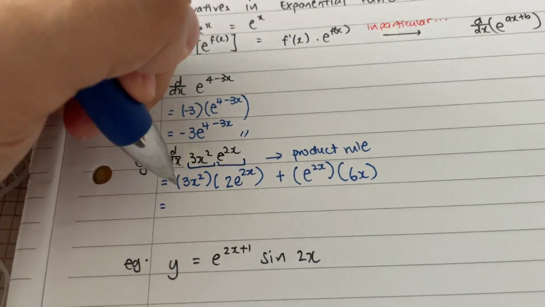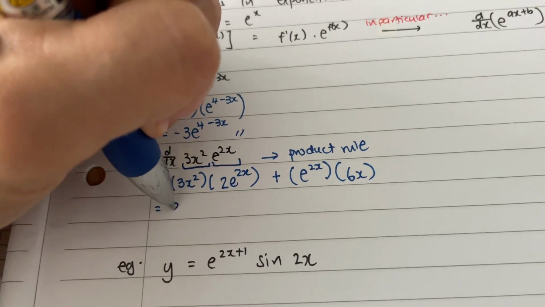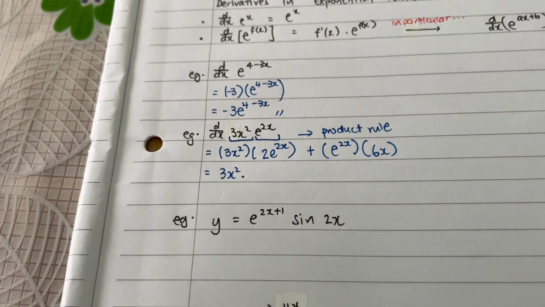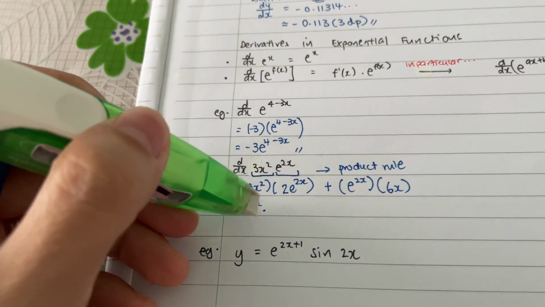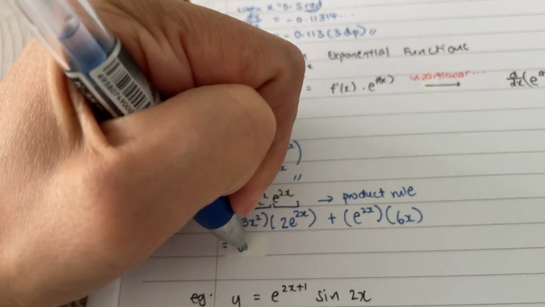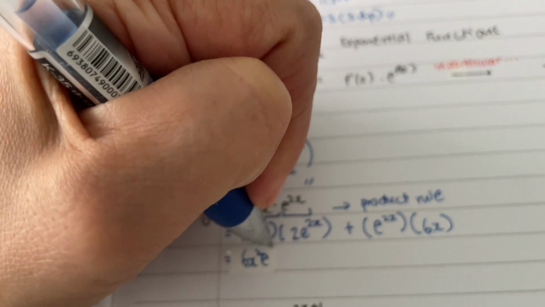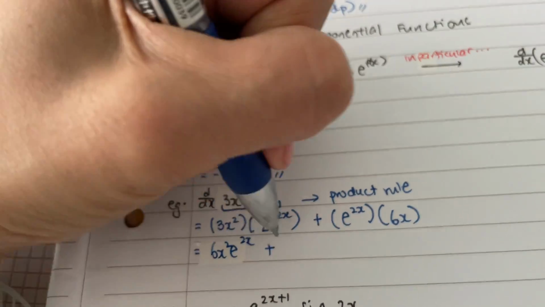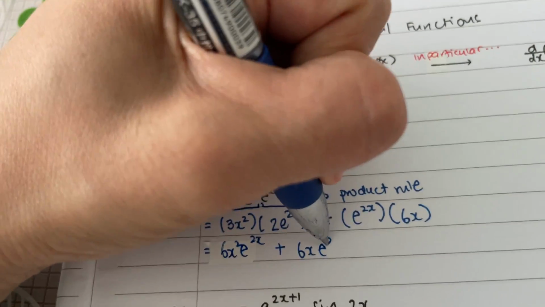So this would be 3x squared. Apologies. This will give you 6x squared e to the power of 2x plus 6x e to the power of 2x.